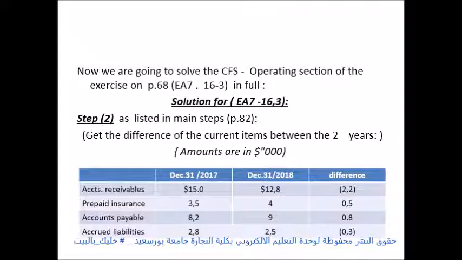The difference in payables, 0.8, should be located in the operating section as positive. Accrued liabilities, the difference is 300, negative, should be located in the same direction, negative, in the operating section of the cash flow statement.